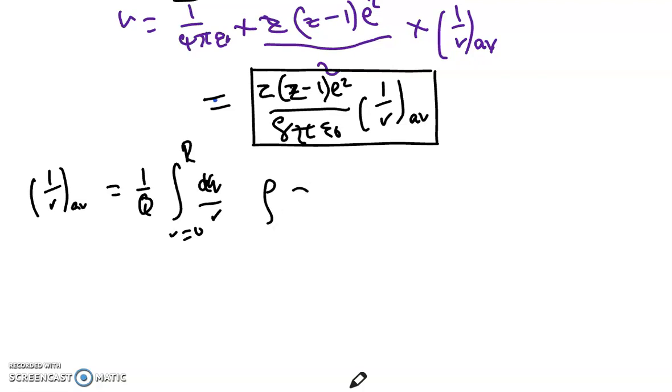Rho is equal to Q divided by 4 over 3 pi R cubed.